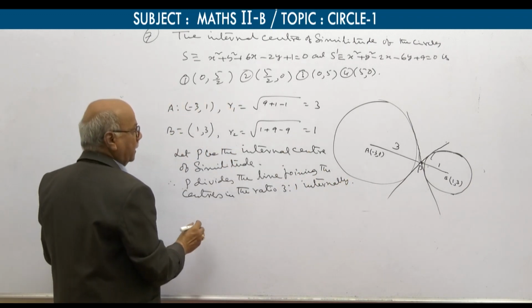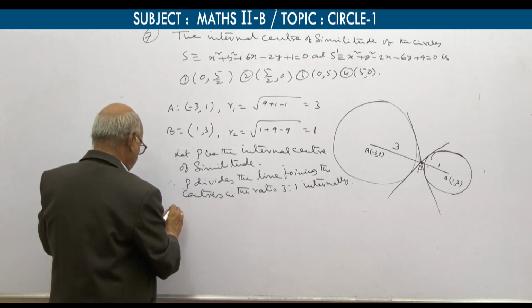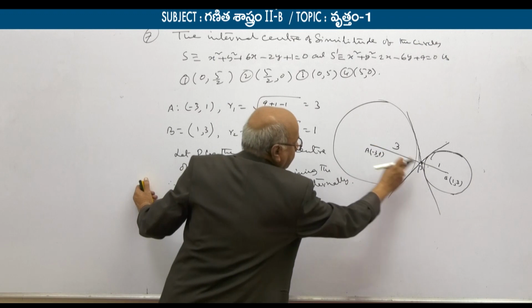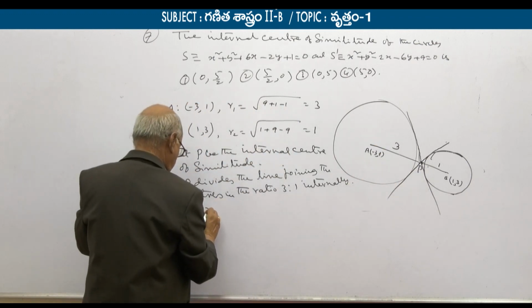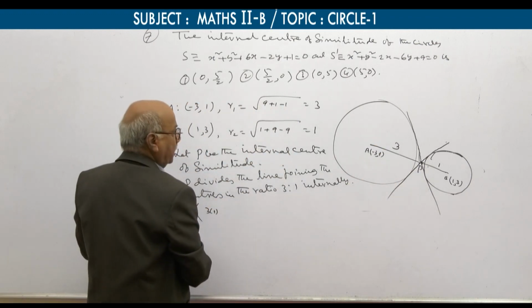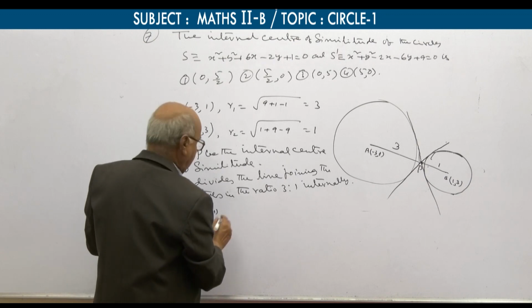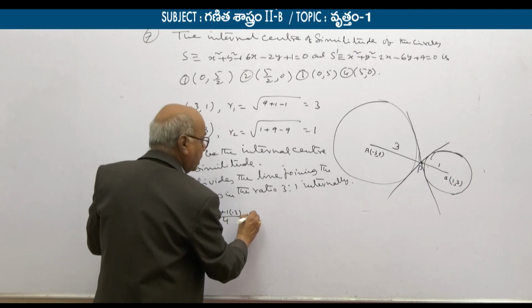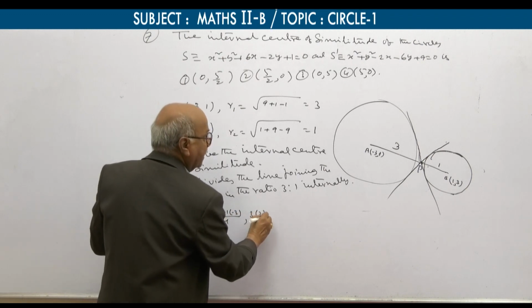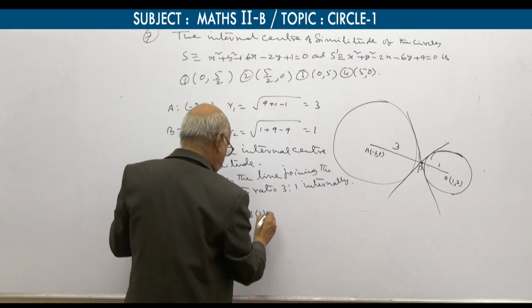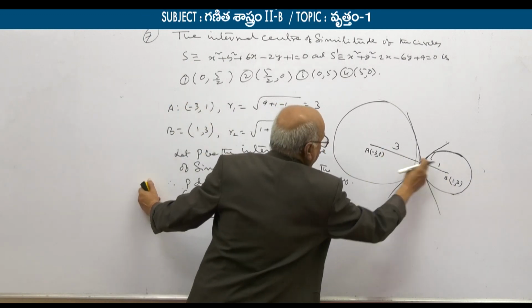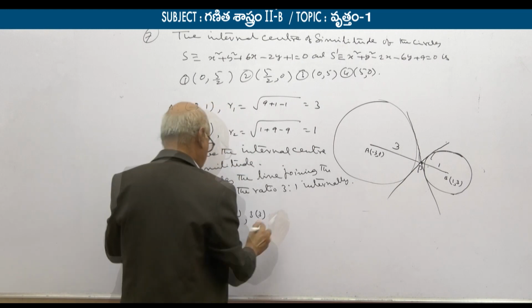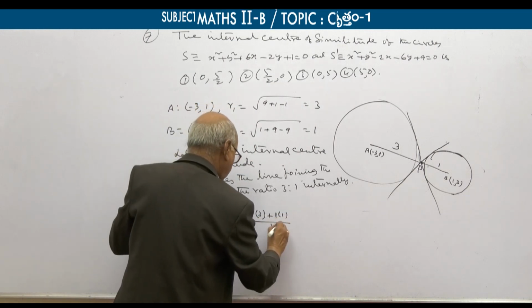So that means now you can write that P is equal to 3 into 1 plus 1 into minus 3 by 4, and 3 into 3 plus 1 into 1 by 4.